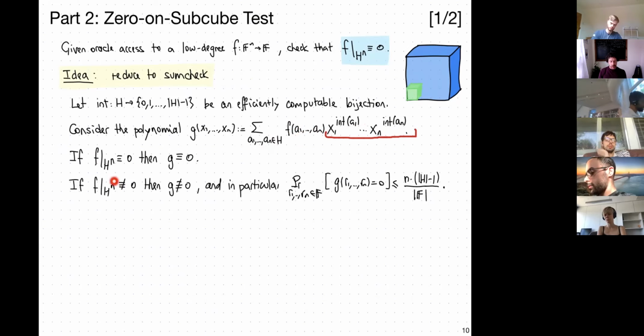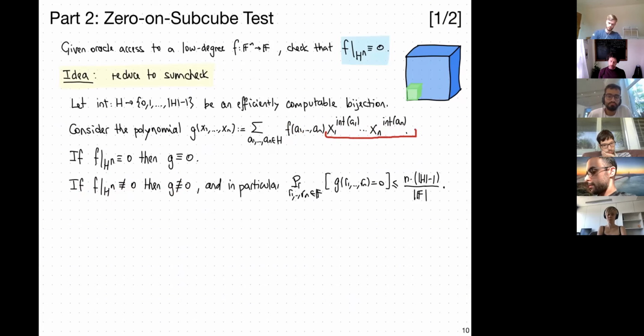But the point is that if f restricted to the hypercube is not 0, then I want to argue that the polynomial must be the non-zero polynomial. Why? Because there exists at least one element such that f of a1 to an is non-zero, and then we have a live, active polynomial in n variables.